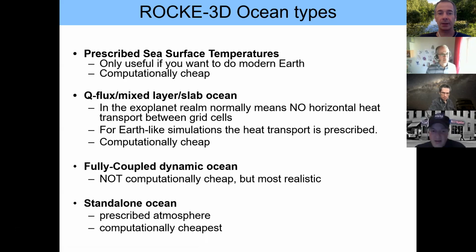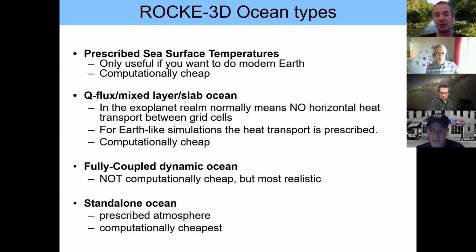So before switching, let me say one more thing about the QFlux ocean. Based on the points that you have here, in Planet 1.0, the heat transport that we are providing in the template Rundex for the QFlux ocean is for Earth-like simulations.